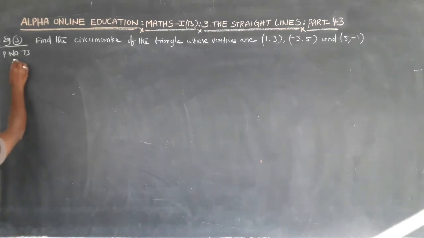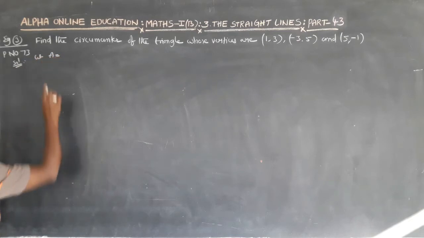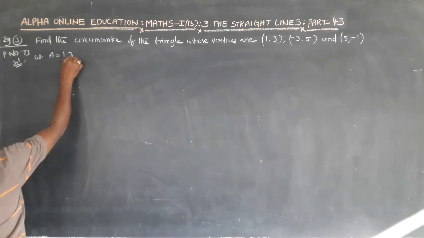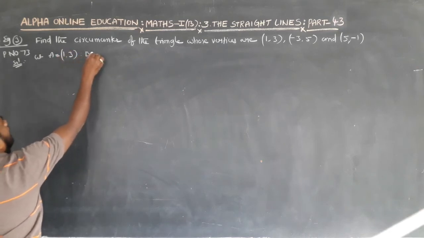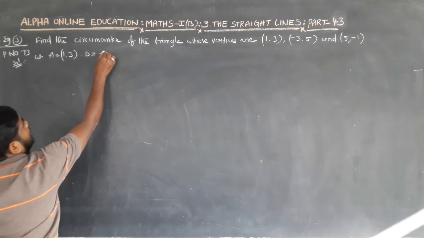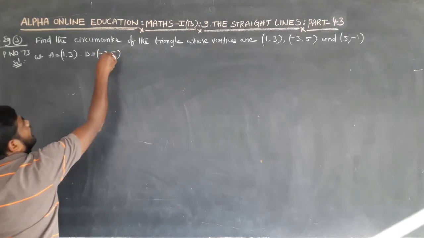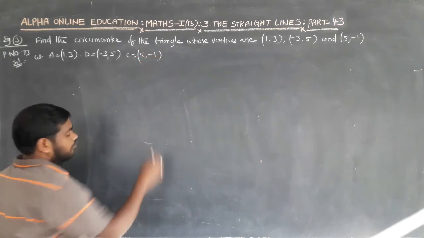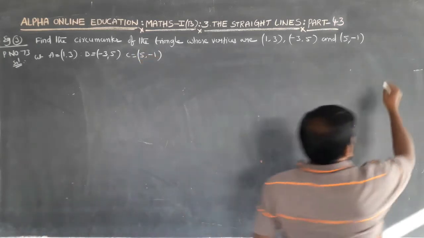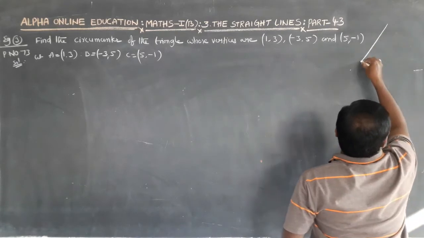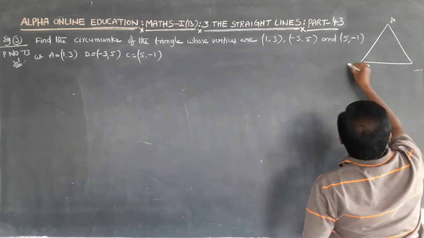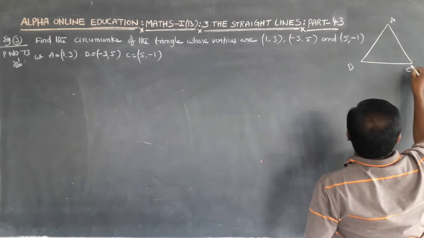Here it is given that the vertices of a triangle are A(1, 3), B(-3, 5) and C(5, -1). This is the triangle ABC.